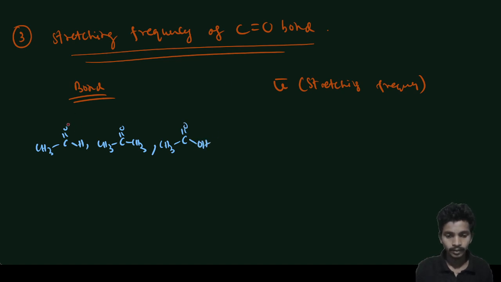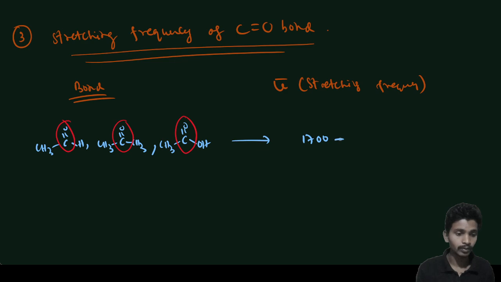Here for these CO double bonds, it is found that everywhere the stretching frequency is nearly the same, and its range is about 1700 to 1725 centimeter inverse.